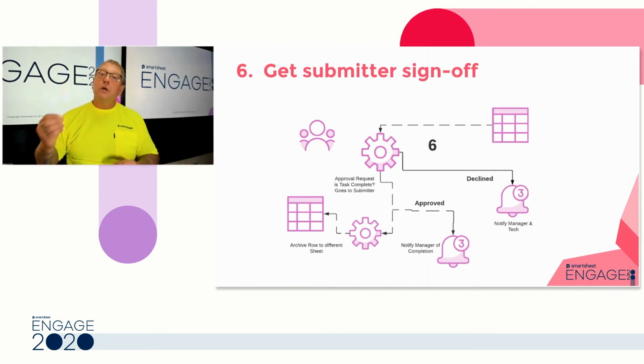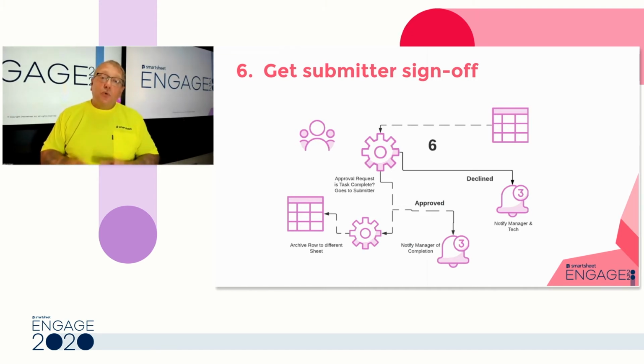If the person approves it, what happens? The decline we've talked about, that actually sends a message back to the manager and technician to say, yeah, they're not happy, you need to do more. It doesn't remove it from the technician's report, and now they're going to be dealing with it. And you could do other things with that if you wanted to.